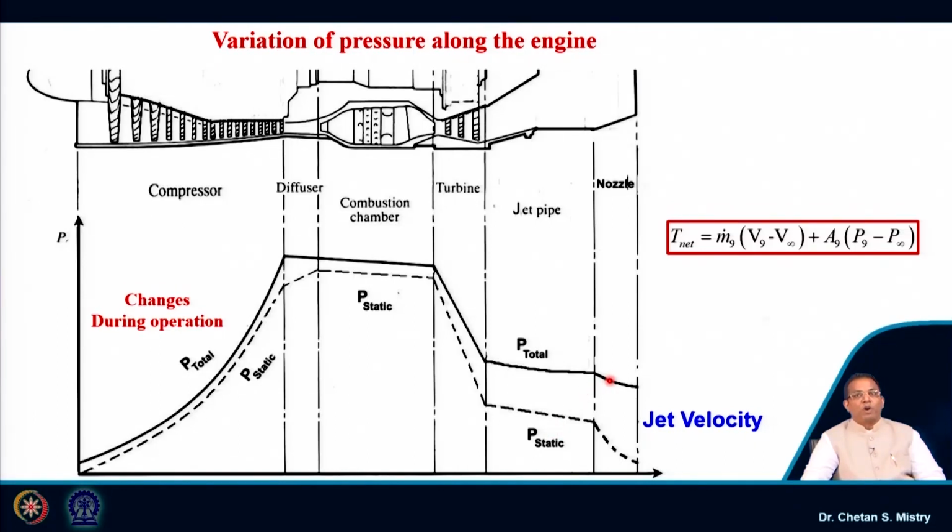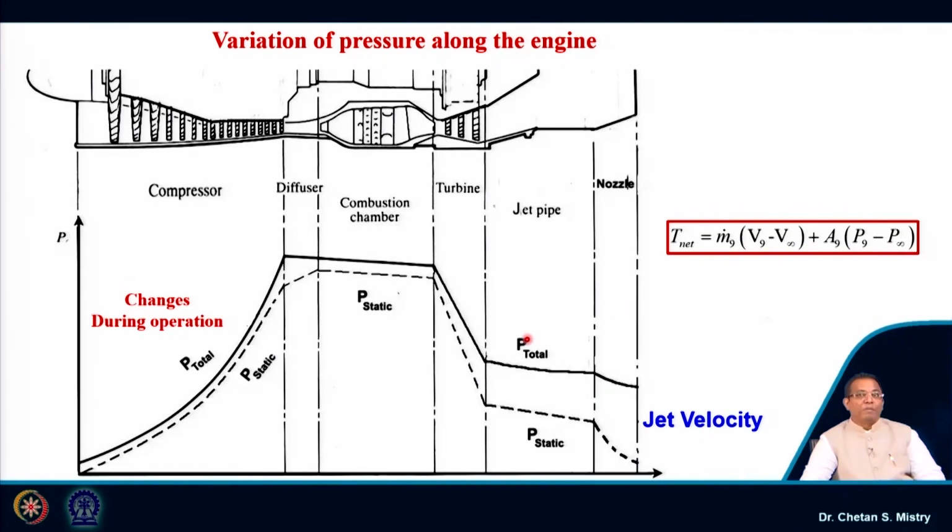And what you are looking at in terms of the magnitude of my P total and P static is what represents my jet velocity. Now, here we need to understand our fundamental equation: m9 into (V9 minus V infinity) plus A9 into (P9 minus P infinity).